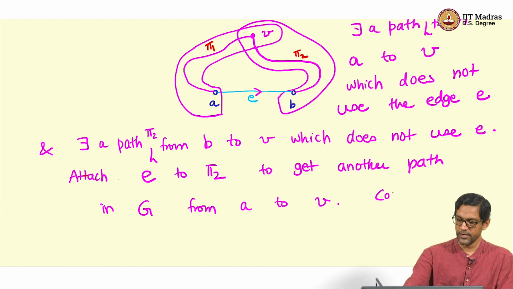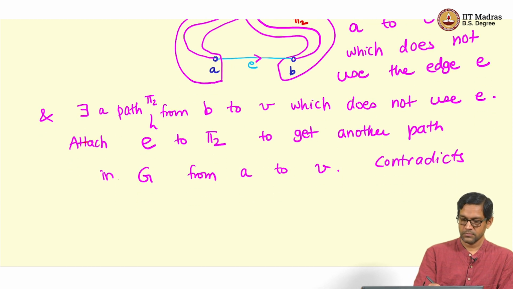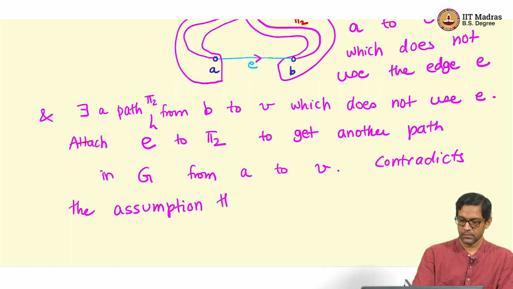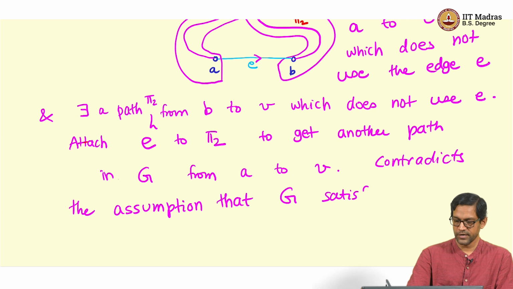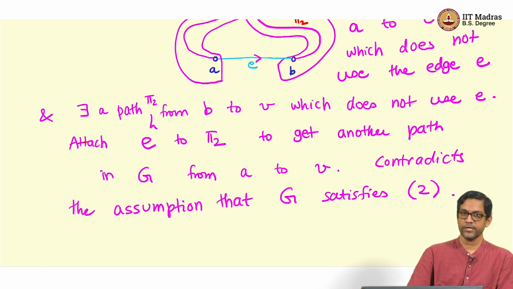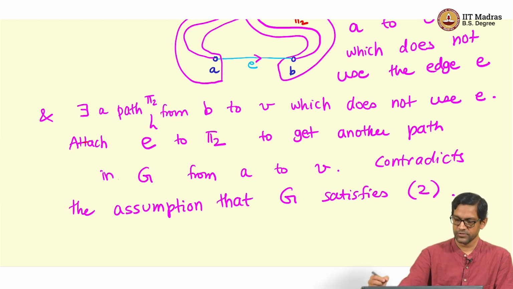Okay. So, this contradicts the assumption that G satisfies the given condition 2, that between any 2 points there is only a single path. Okay. So, that proves what we want.